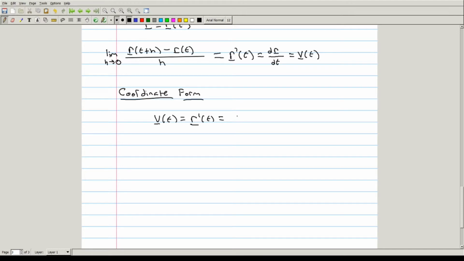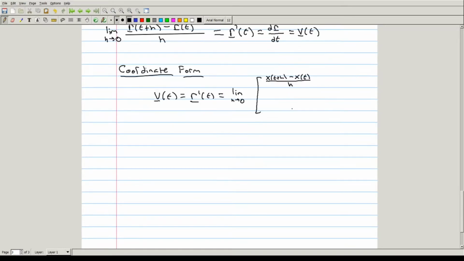We end up seeing very quickly that this is the same thing as the limit as h goes to 0 of the difference quotient of the first component, the second component, and the third component with z. So the coordinate form for the velocity just reduces to the individual normal derivative of each of the components.